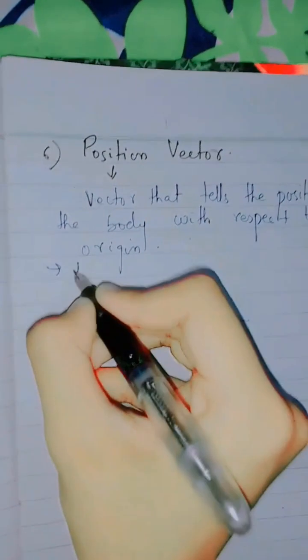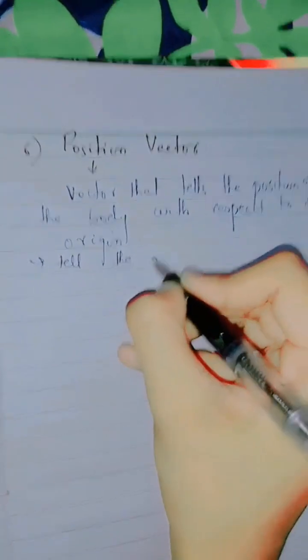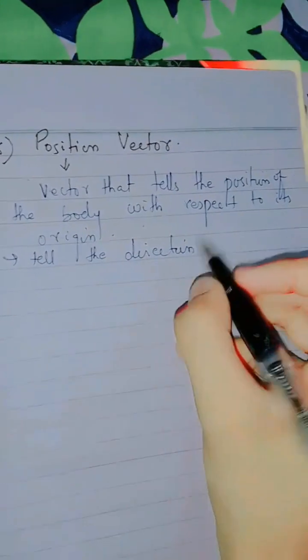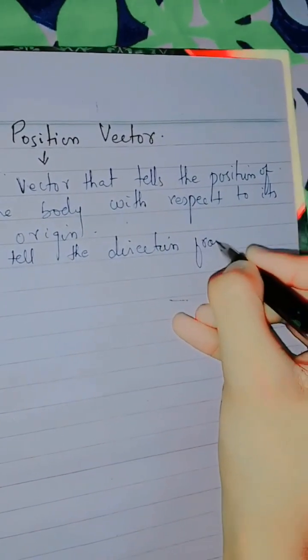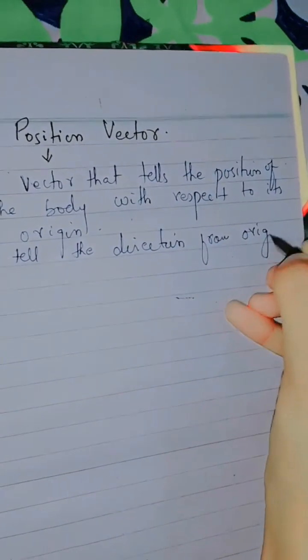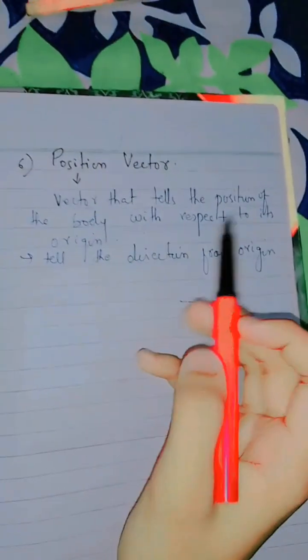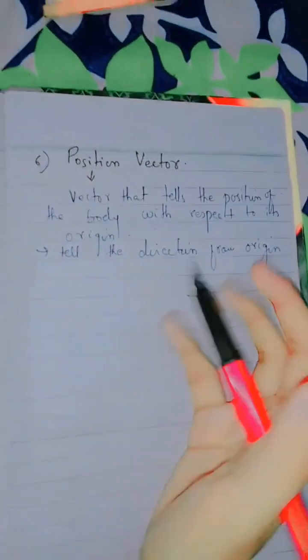And it basically tells the direction, but it tells the direction from origin. Means a position vector is basically a vector that tells the position of the body with respect to its origin.